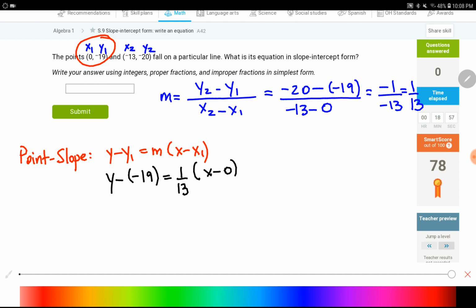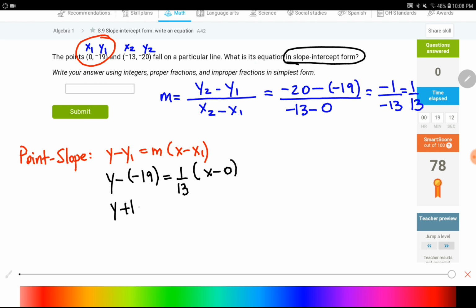So that's it. However, I cannot type this in as my final answer because it says what is the equation in slope-intercept form. So it basically tells us to get the y by itself. Before that, let's just simplify this a little.